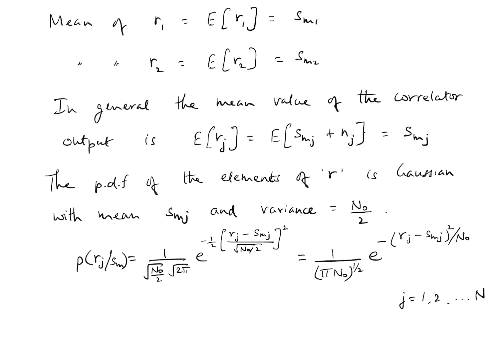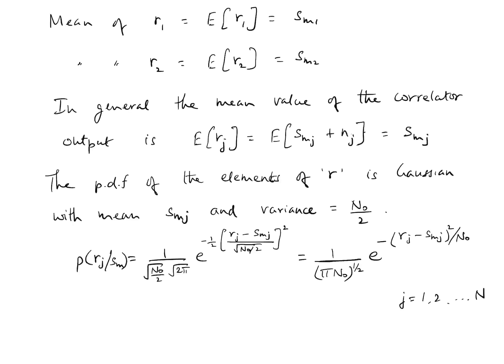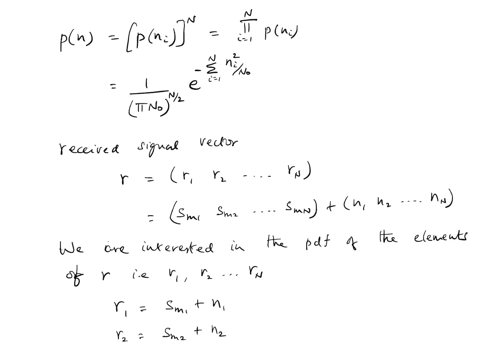We now want to find the conditional PDF of the entire received signal vector r, and to do that we invoke the fact that each element of r is independent of each other. And why are they independent? Because r is nothing but the summation of the transmitted signal and the noise signal. The transmitted signals are deterministic and the noise signals are random, but they are independent of each other, so therefore these elements are also going to be independent of each other.